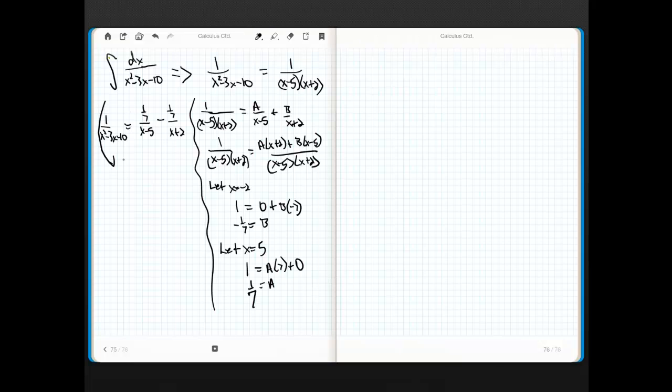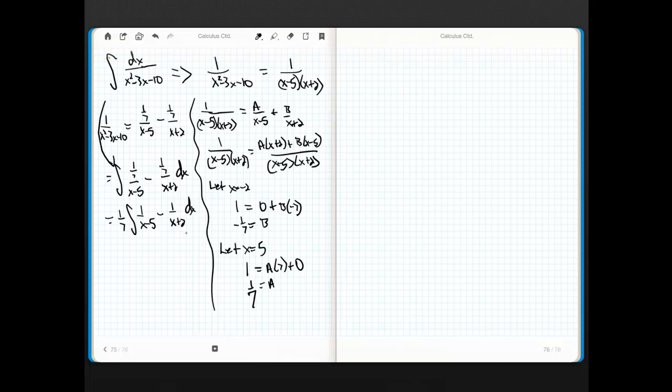That means I can rewrite this as the integral of 1/7 over x minus 5 minus 1/7 over x plus 2 dx. Or let's just get that thing out of there and go 1/7 times 1 over x minus 5 minus 1 over x plus 2.